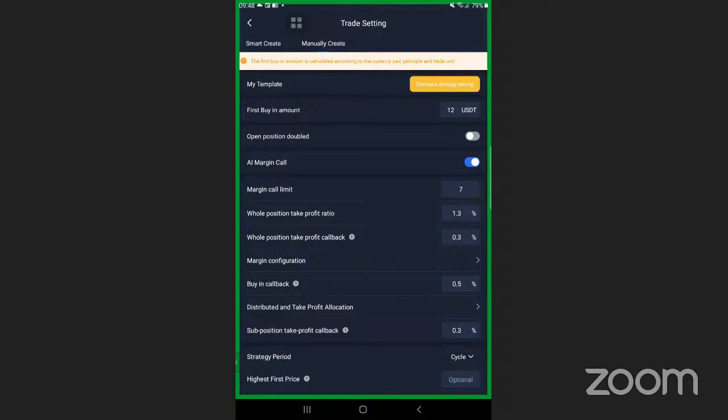Okay, now let's come to wallet management. When it comes to wallet management, we normally say you need to manage your capital. You don't use all your capital in one trade, okay?